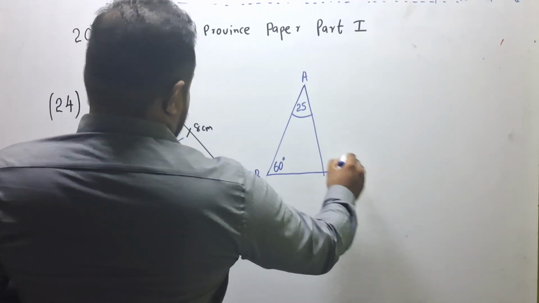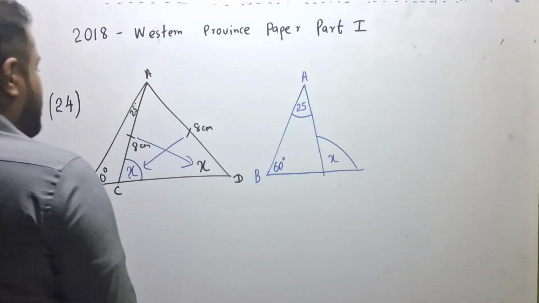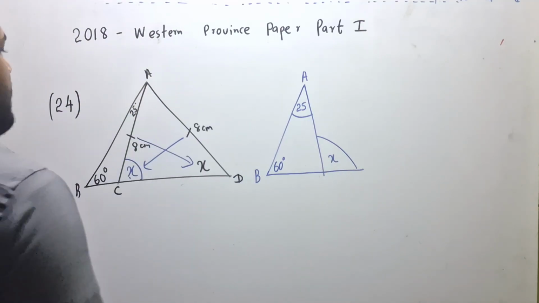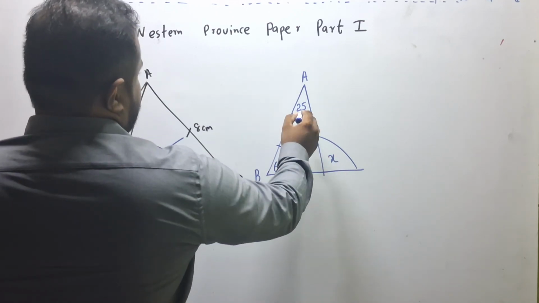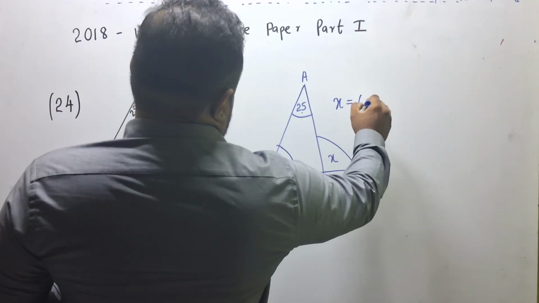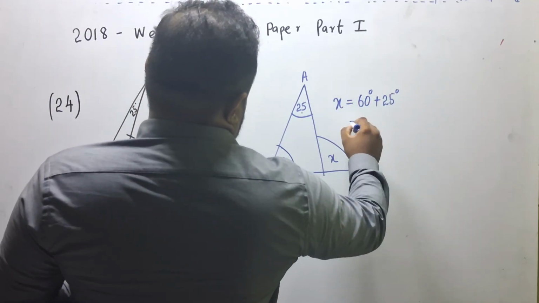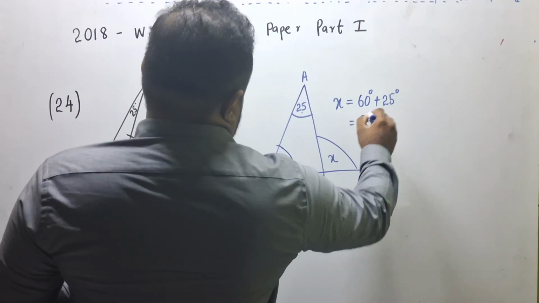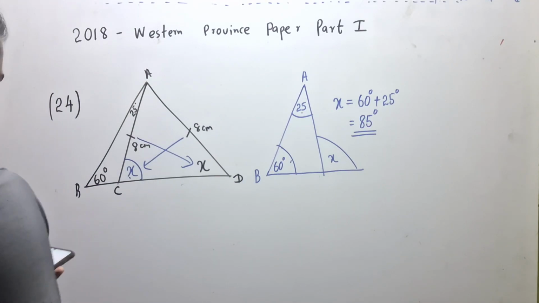And this is the exterior angle X. So how to find X? X is equal to the sum of the two interior opposite angles. So the value of X is 60 degrees plus 25 degrees, 85 degrees. X equals 85 degrees.